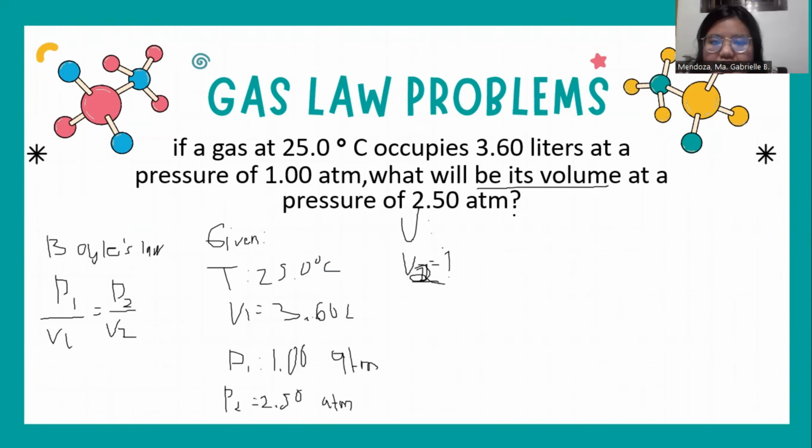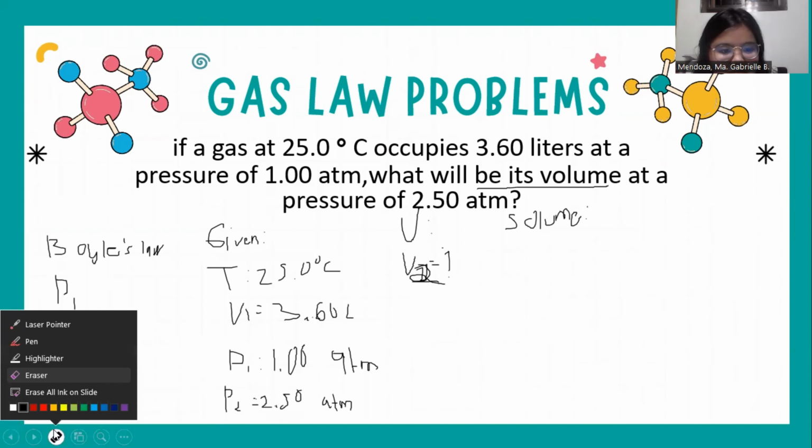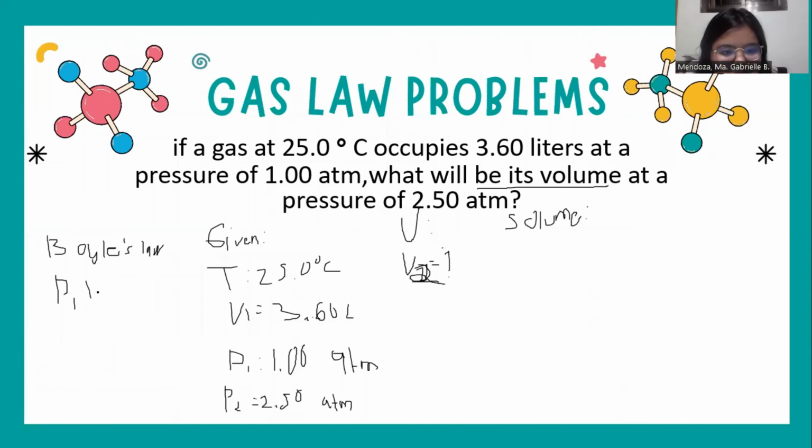So, next, no? Let's solve na for the volume. So, since ang nawawala ang V2, we need to derive the formula for V2. So, paano mag-derive? Mali pala yung formula na to. So, this should be P1 times V1 equals P2 times V2.